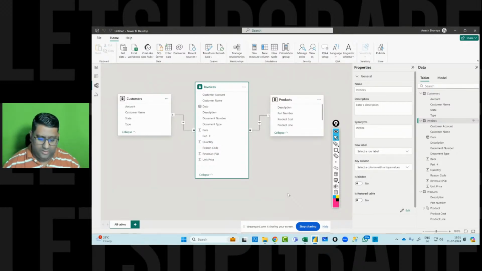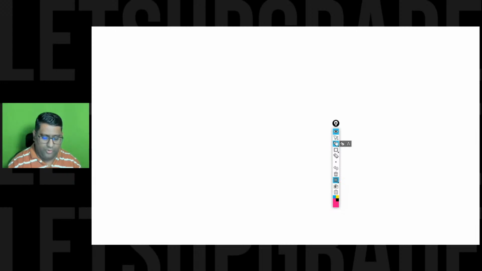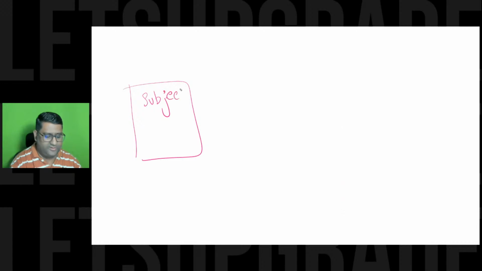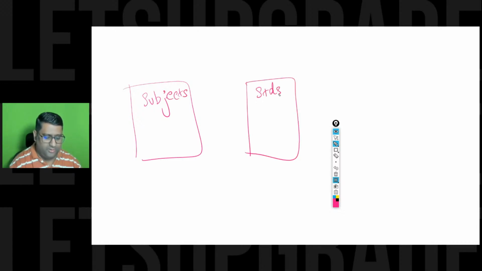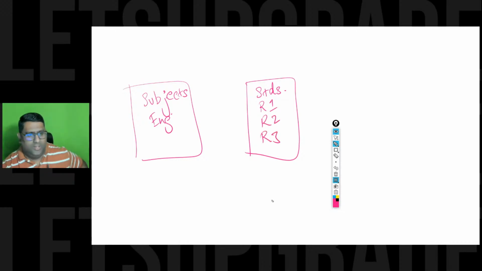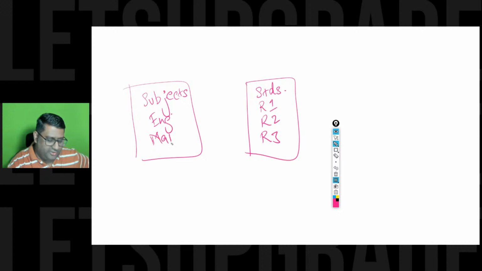Let's say I'll just take you to the whiteboard before I close. Let's say here I've got a subjects table, and here I've got a students table. Now let's say English is what I have, and I've got roll numbers R1, R2, R3, R4, etc. English, and then maths, etc., is the list of subjects that I have.